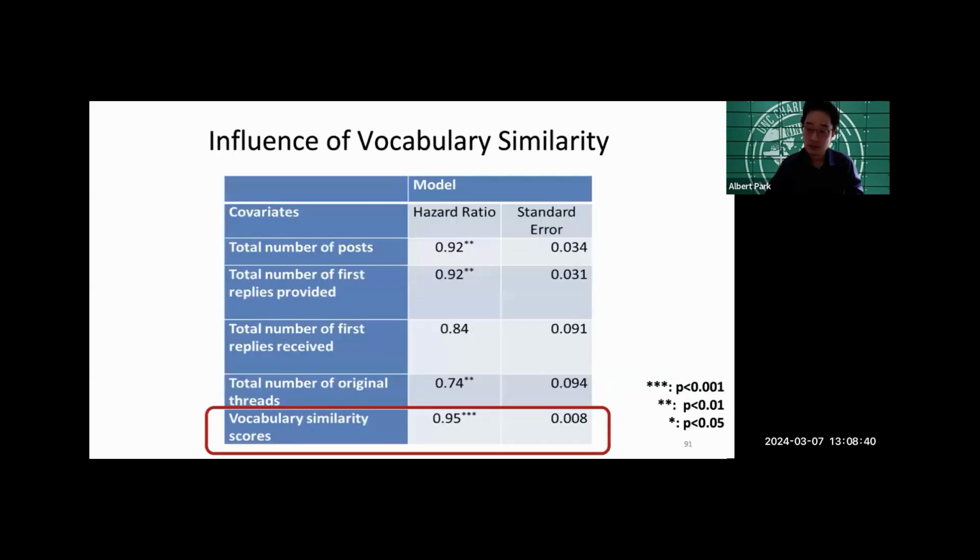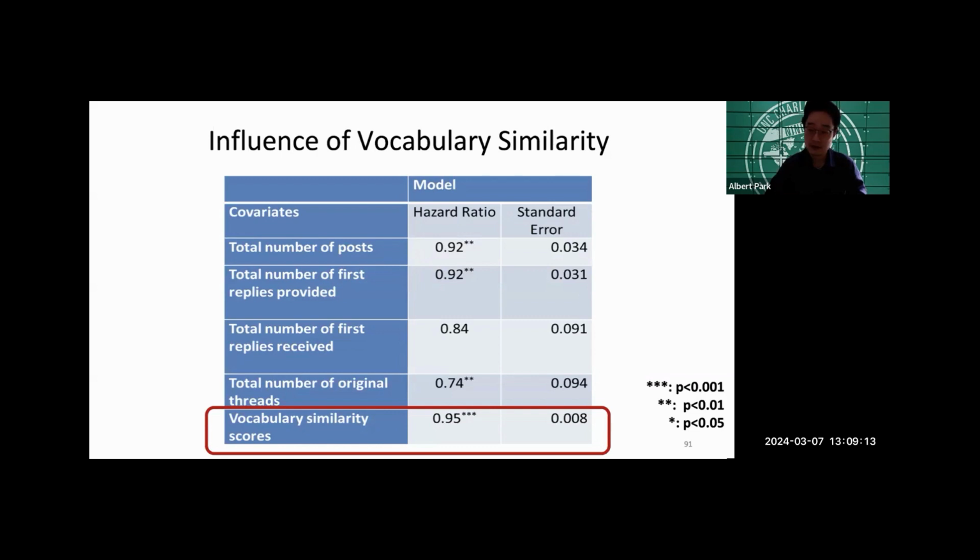To better understand this effect of homophily of words and replies, we controlled for other covariates, such as their total number of posts, total number of first replies provided and received, and original threads they started. The higher hazard ratio means a higher chance of dying when controlling for other variables.